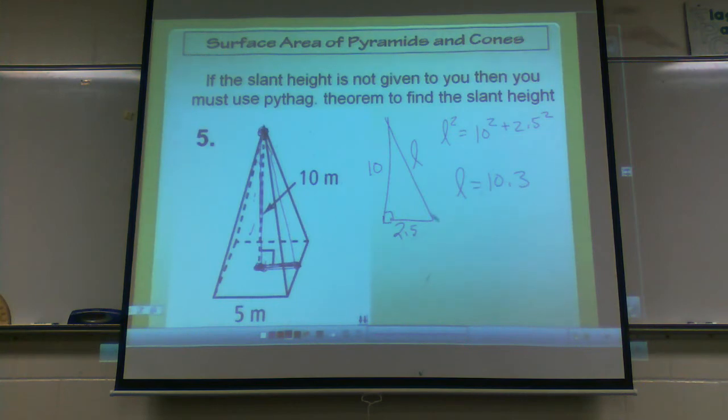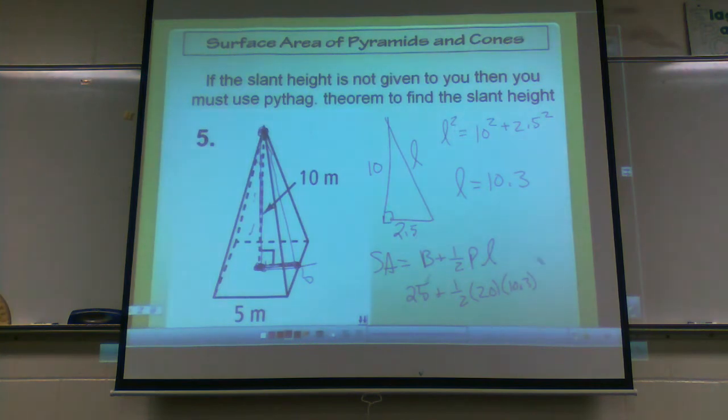Okay, and then it's just like it was for the last problem. You just go in there, the area of the base, plus 1/2 PL. Area of base is 25, right? The two sides of 5, 5 times 5 is 25. Perimeter is 20. The slant height is what you just found.